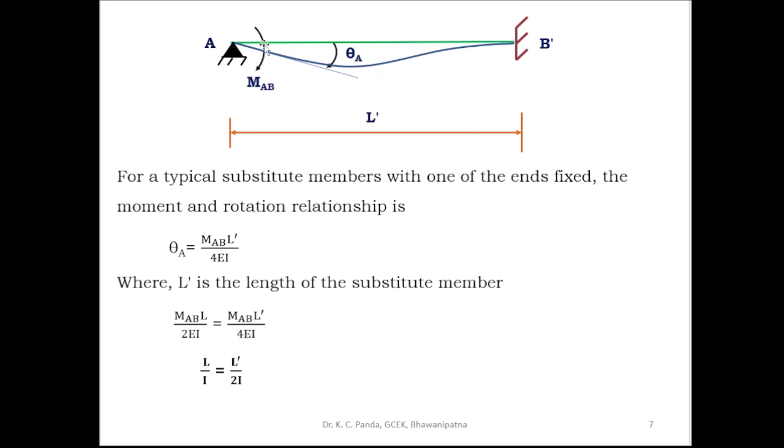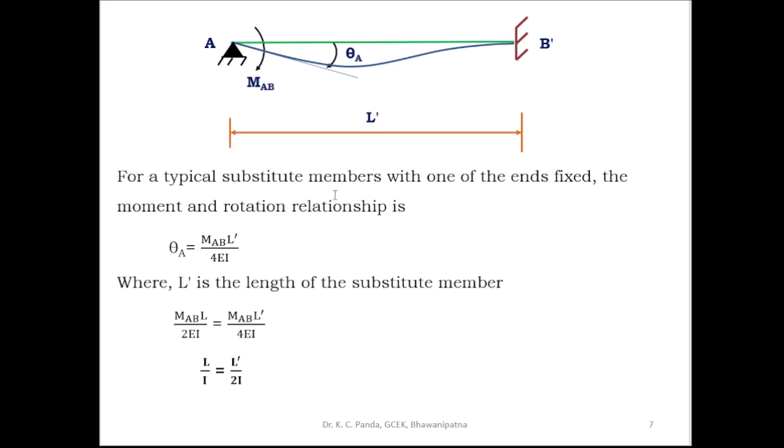Here the end A is hinged and the end B dash is restrained, where the axis passes through the midpoint of the beam. Due to this moment MAB, the rotation theta A takes place, and the length of this substitute member is L dash, which is equal to L by 2.